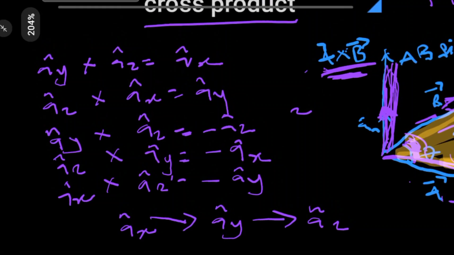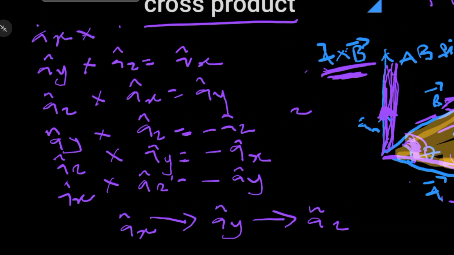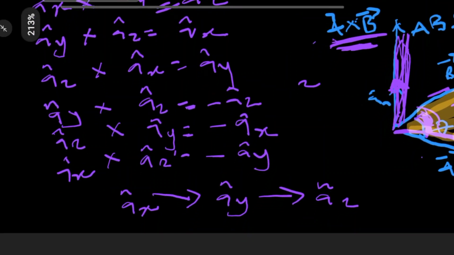So you can see here that, okay, I didn't add this up. If we have the x-axis times the y-axis, we have the z-axis. So this is the pattern right here.